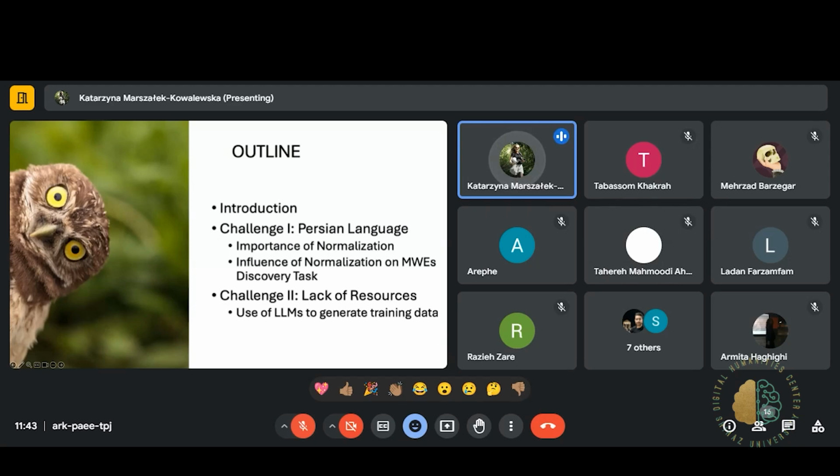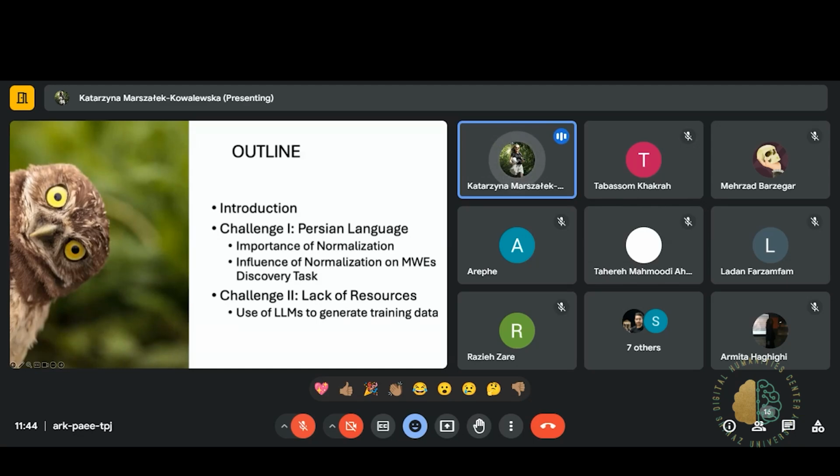And then we will take a look at the second challenge, which is lack of resources. As you might know, Persian is still thought of as a low resource language, although in recent years there has been really huge advancement in this field. Persian is still classified as a low resource language.